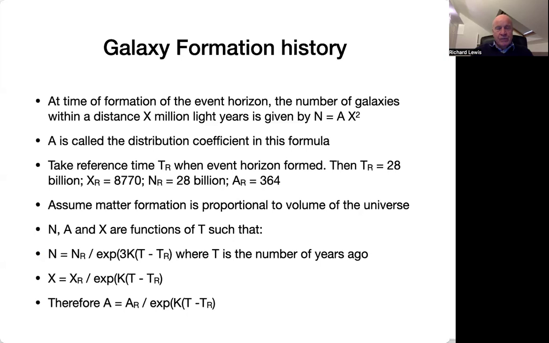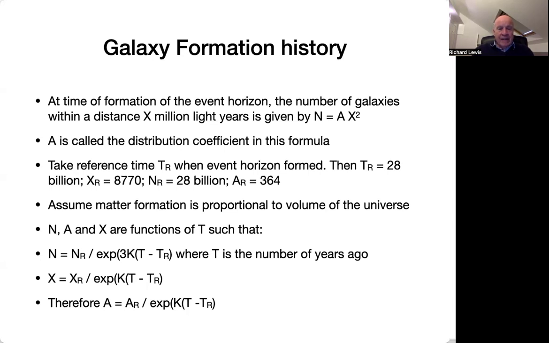So we'd like to understand how the galaxy formation profile that we've shown there arrived over time. And to do this, we're going to suggest that this relationship n equals ax squared applies not just to the galaxy distribution at the time of the formation of the event horizon, but it also applies during the earlier periods of formation.